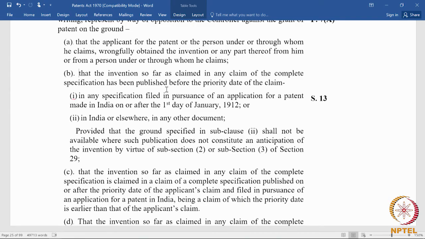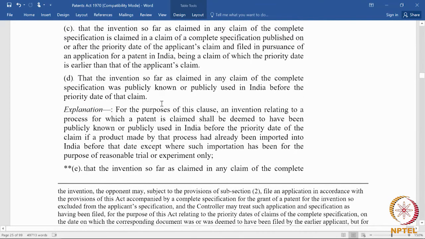So, as we mentioned, this is one of the grounds of anticipation, and anticipation is linked to the concept of novelty. So, when we say something is anticipated, we mean something lacks novelty. The claim lacks novelty. See, the invention so far as claimed in any claim of a complete specification, this entire phrase can be summarized as the claimed invention, or what is claimed, or you can just say the claim in the application.